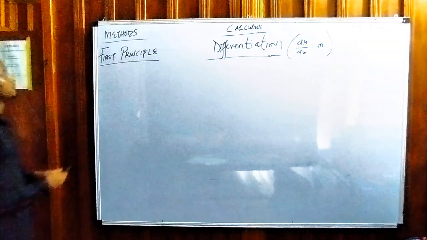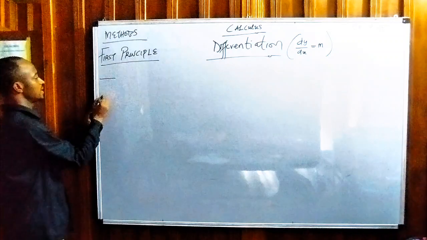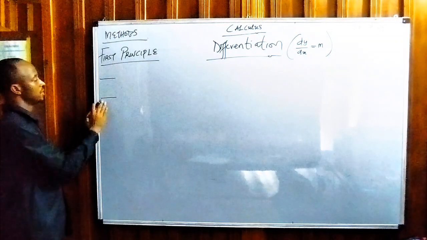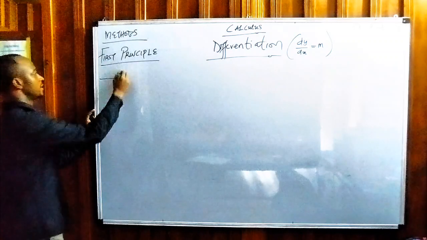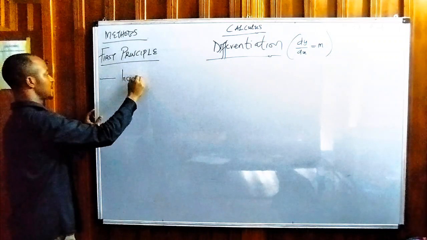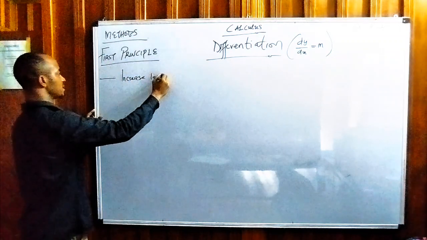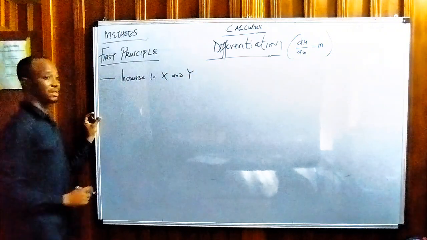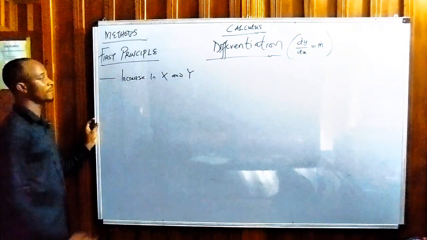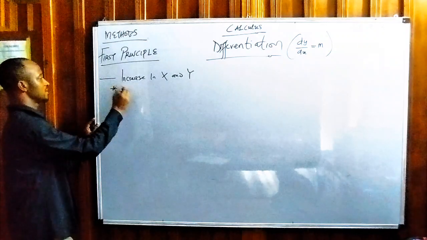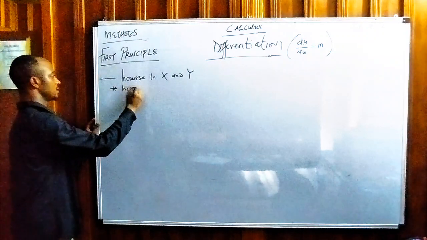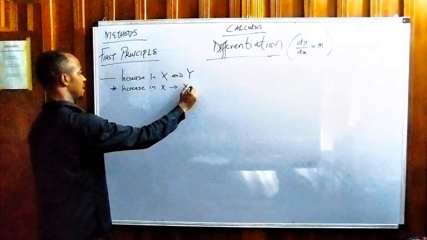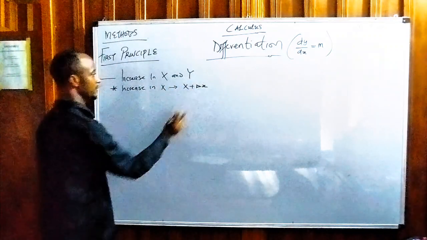Okay, now in first principle, two things should be noted. The first is that there must be an increase in x and y. You have to assume an increase in x and y. An increase in x implies x plus delta x.